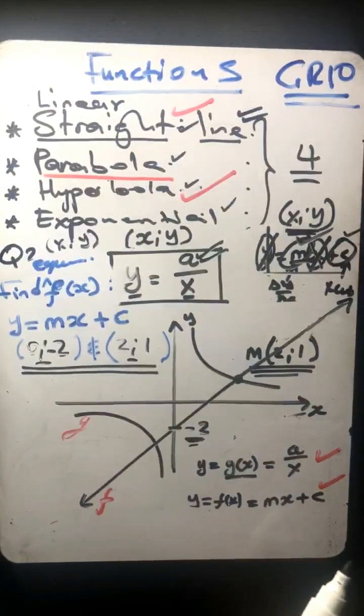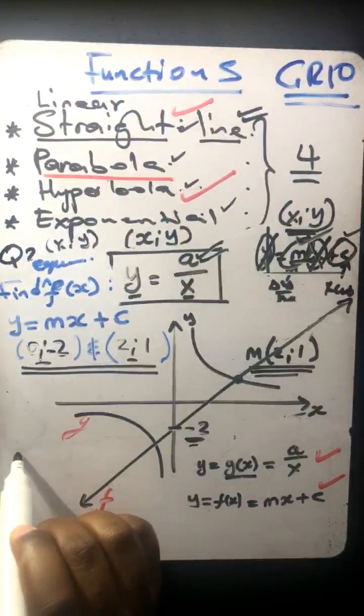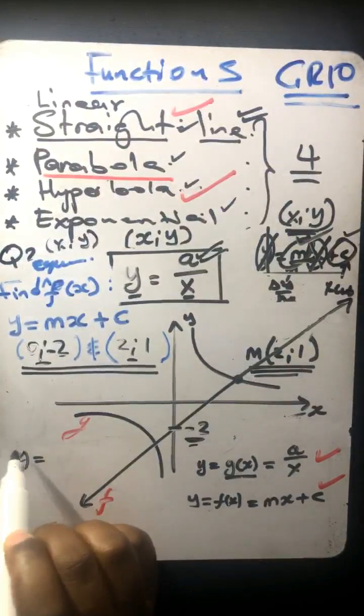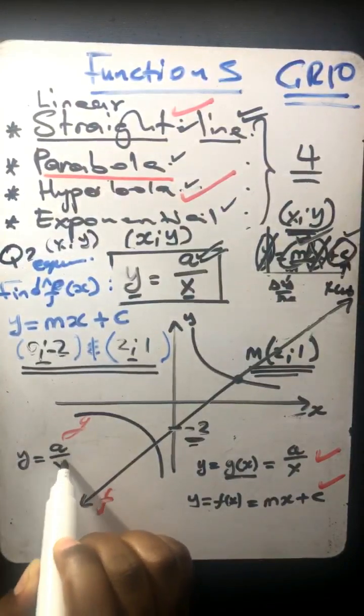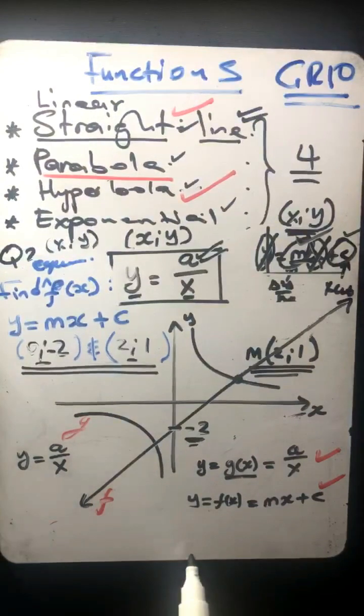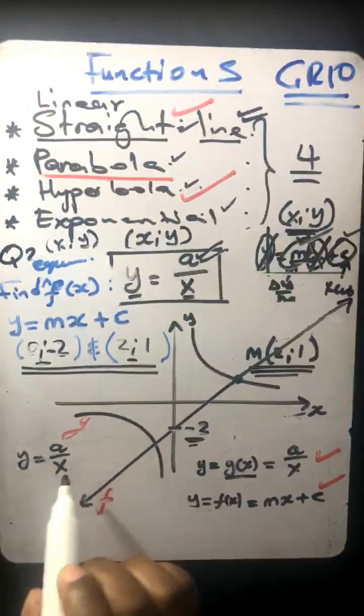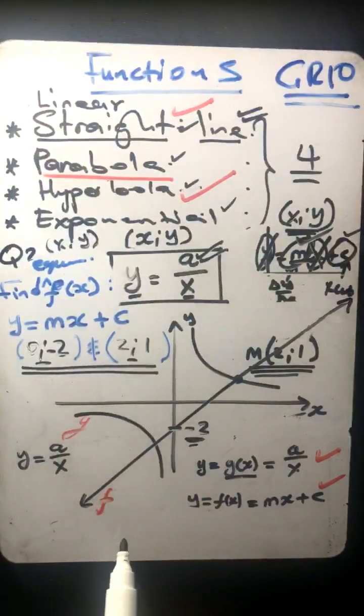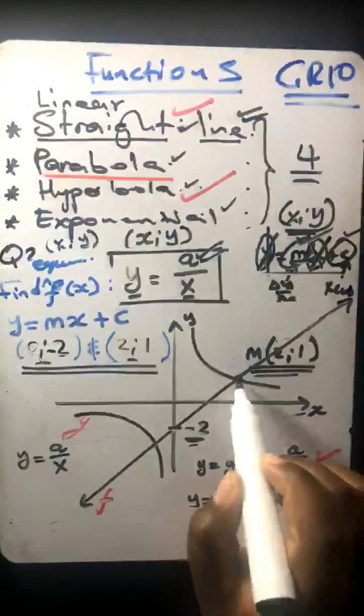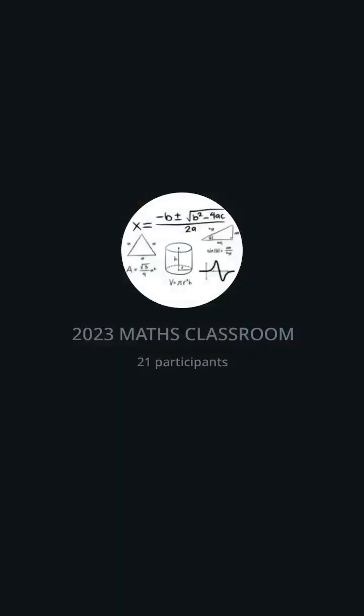So also, if they say determine an equation of g, you still do the same. You start with the general formula which says y or g of x equals a over x. Then you need to remember that for this one, I think I just need one point. Then that one point, obviously, is that same point.